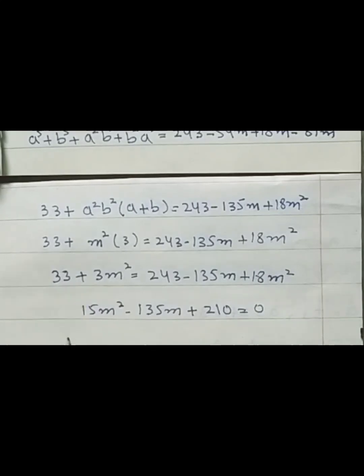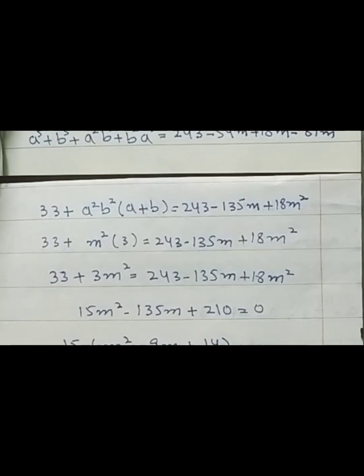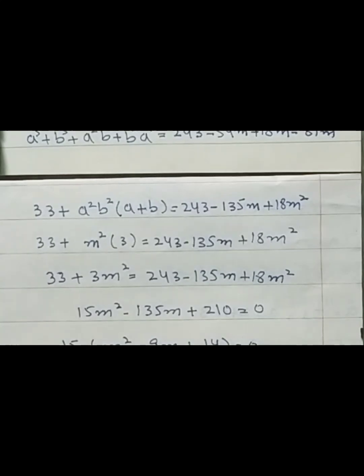Now one thing is looking common here, which is 15. Taking 15 common, the remaining will be m^2 minus 9m plus 14 is equal to 0. Finally we got a quadratic equation.